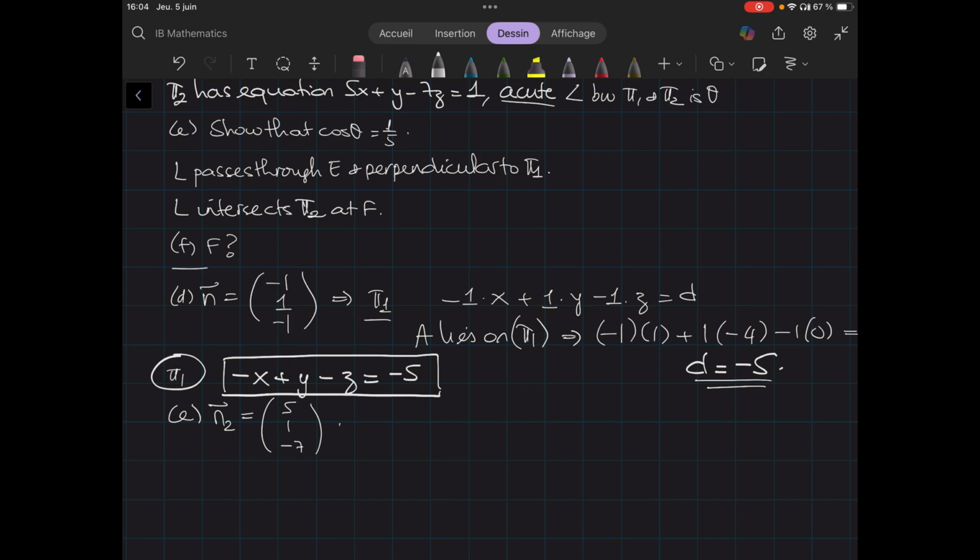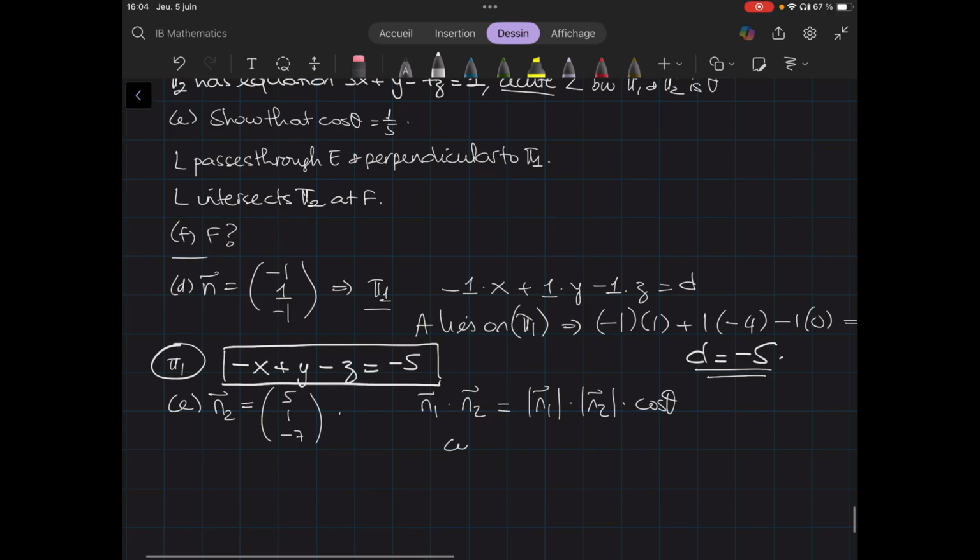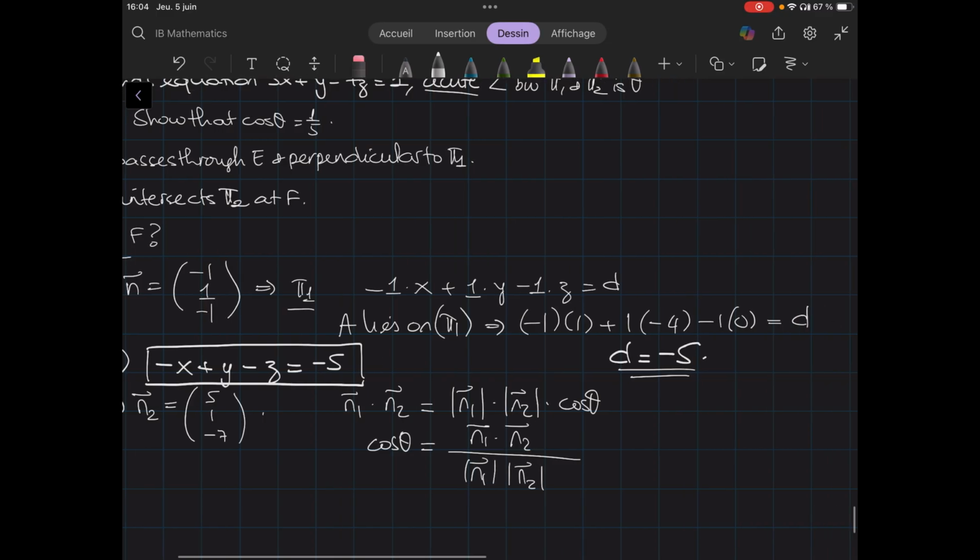So for the dot product, we know that n1 dot n2 is equal to the magnitude of n1 times the magnitude of n2 times cos of theta. So cos of theta is therefore n1 dot n2 divided by the magnitude of n1 times the magnitude of n2.